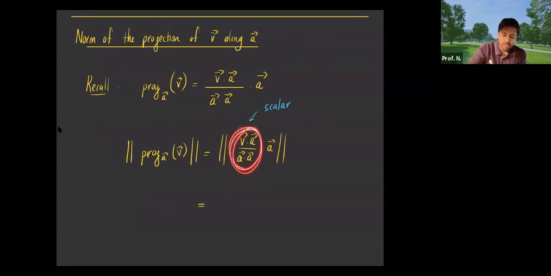And each of these components of A is being multiplied by the scalar. So we're squaring this. But when you take something squared, you can factor it out. And when you factor something squared out of a square root, you get what? You get the absolute value of V dot A over A dot A. You get the absolute value. And you're multiplying that with the norm of A.